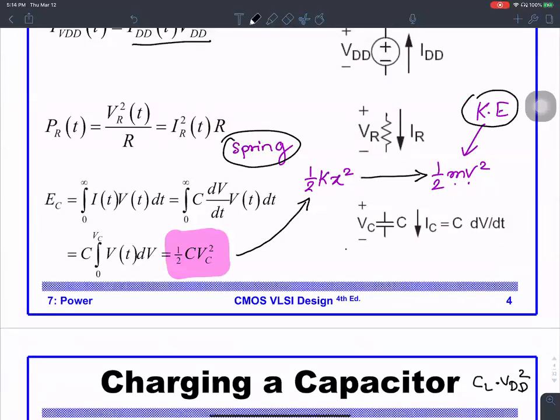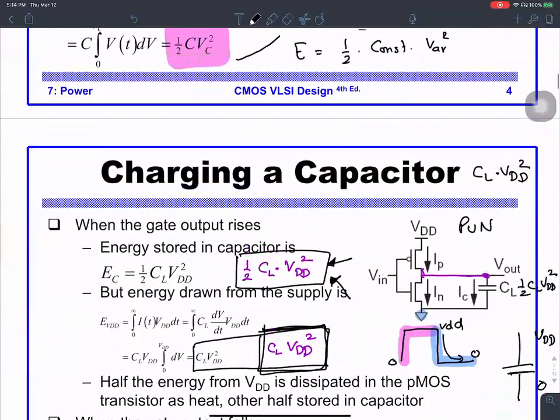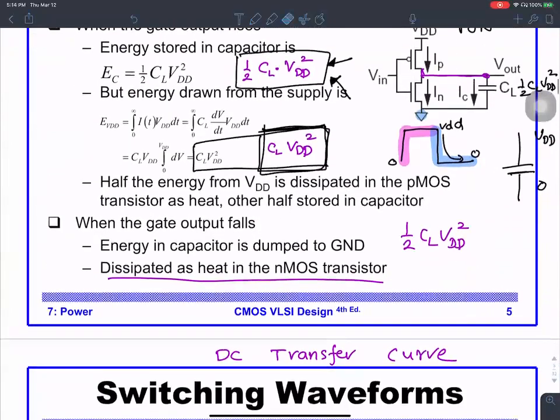We are familiar with this half times some constant times a variable squared for energy. Very similar is the energy for capacitance, half CV squared, where C is the capacitance and VC is the voltage that the capacitance is charged to.